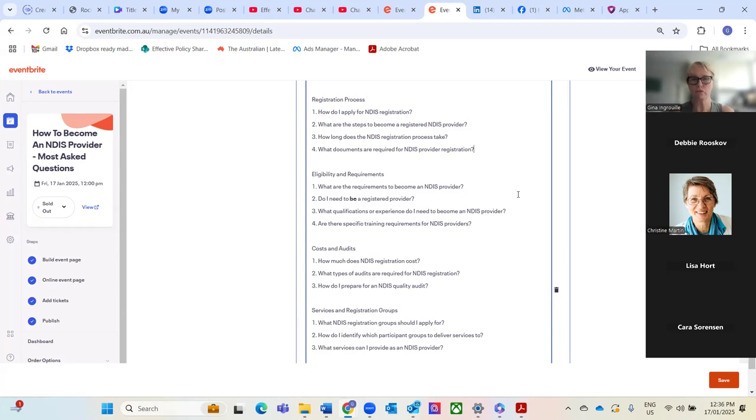So what's really important is, if you don't have any skill in disability or aged care or community services or health, I see some of the best providers are actually really good business people who are sensible and logical, and they put the right people in place and they do their homework, and some of them make the best providers.